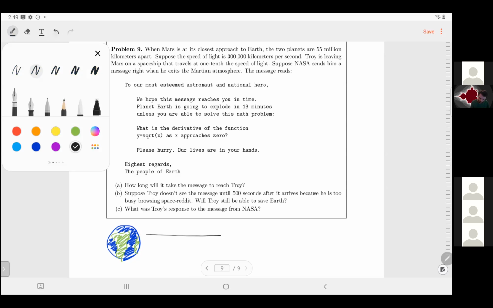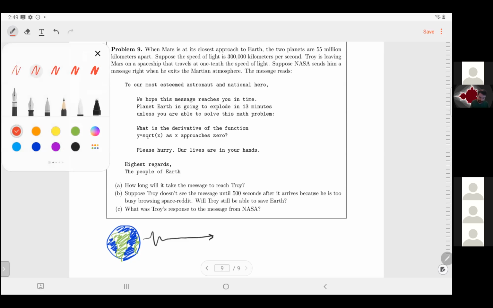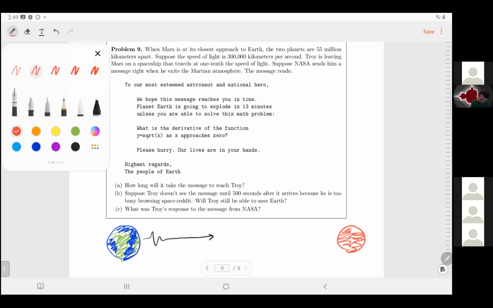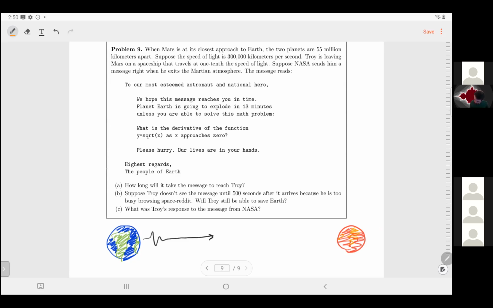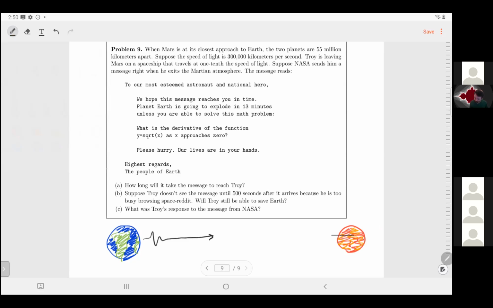It's a message. Cool. And I'm over here on Mars, which is not too much smaller than Earth, if I remember correctly. Okay, so Mars is like this. Maybe it's a little orange. Cool. And I'm traveling away a little bit slower, right?